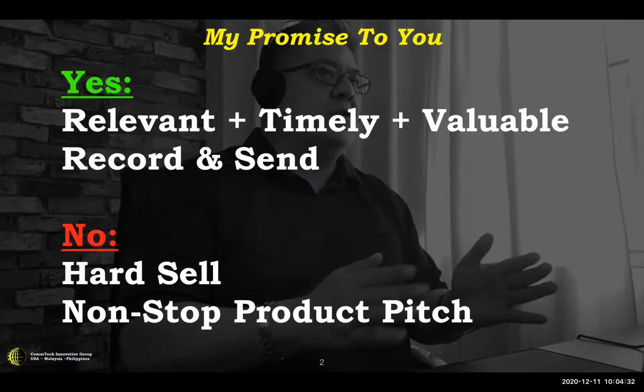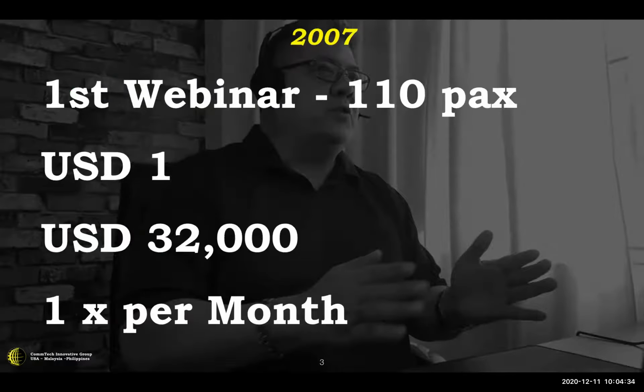Okay. So I ran my first webinar in 2007. I believe it was around June or July in 2007 during the summer. I remember because it was very hot. And during summer, we targeted a niche.